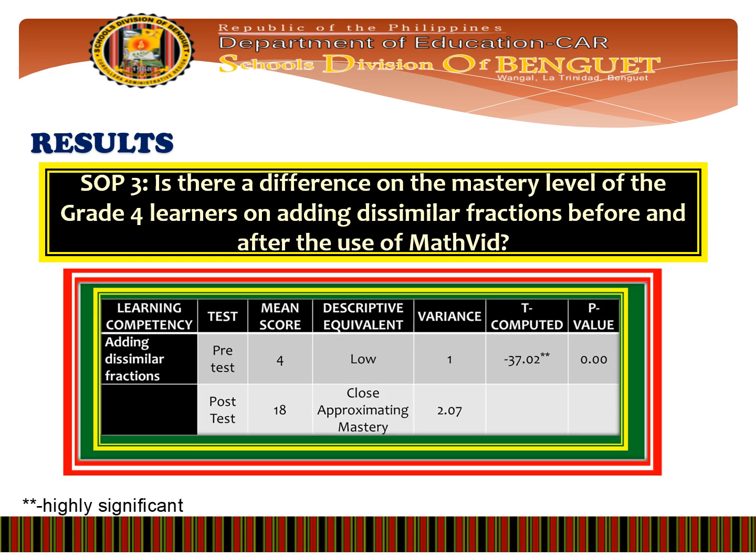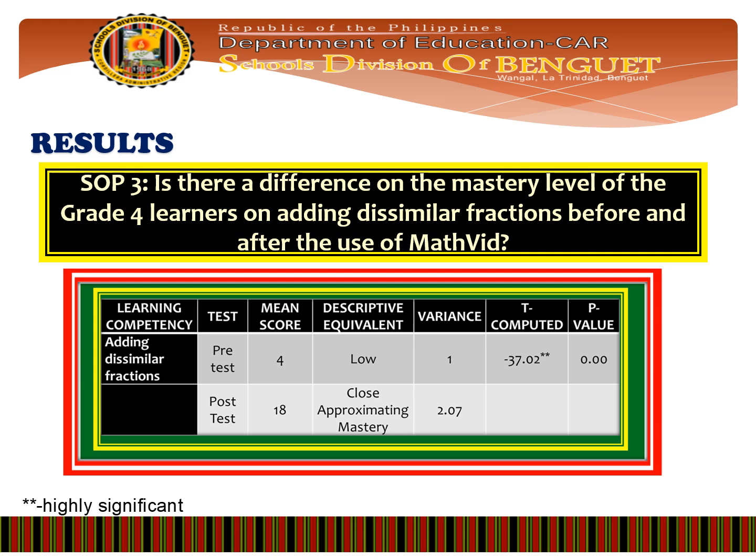Presented in this table is the difference in the mastery level of the grade 4 learners on adding dissimilar fractions before and after the intervention. Results showed high significant differences on the learners' performance compared between their pretest and post-test scores with a t-computed value equal to negative 37.02 and p-value 0.000, which is significant at 1% level of significance.